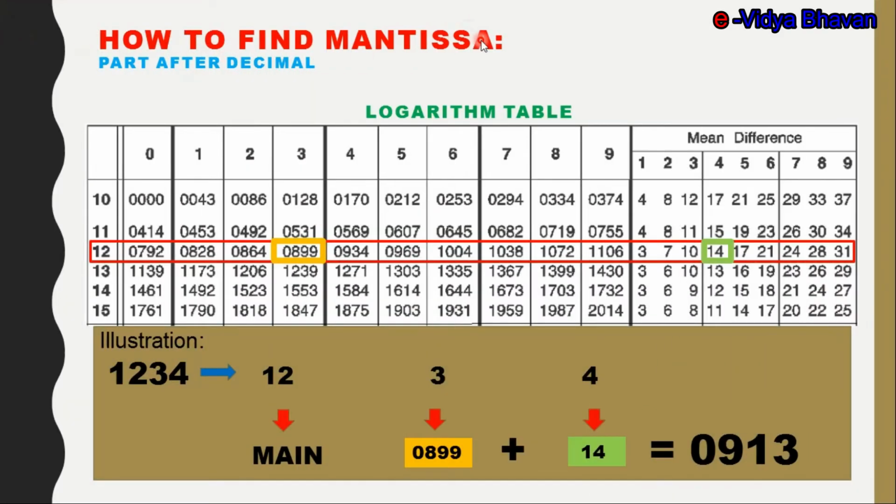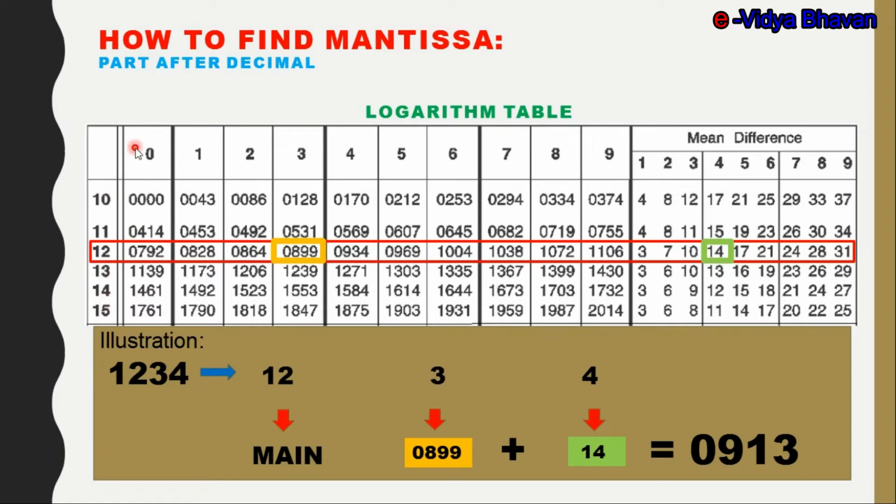How to find mantissa? Mantissa is a part after decimal. To study mantissa, first we will have to understand the log table. This log table is divided into 3 parts. First part, this part. If you see this part, this is called the main part. Here the first 2 digits will be studied.